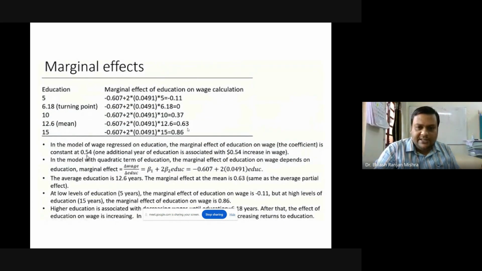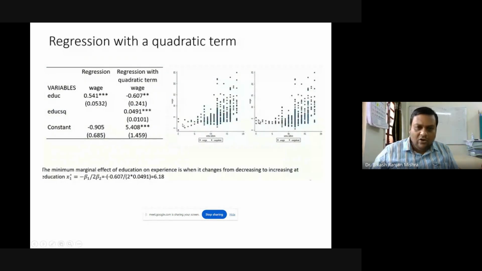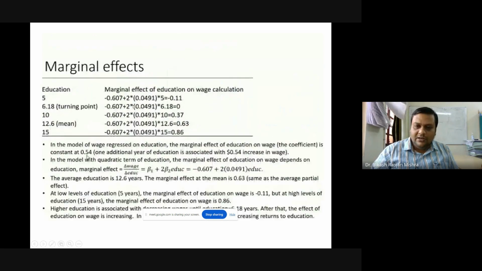Remember, this 0.63 is nowhere in the picture so far as the normal coefficients are concerned. The normal coefficients are either 0.067 or 0.0491, but these figures will be of no use unless we go to this level of analysis and say that ultimately, if education increases or decreases by 1 unit, then it will affect the wage rate by 0.63 unit.